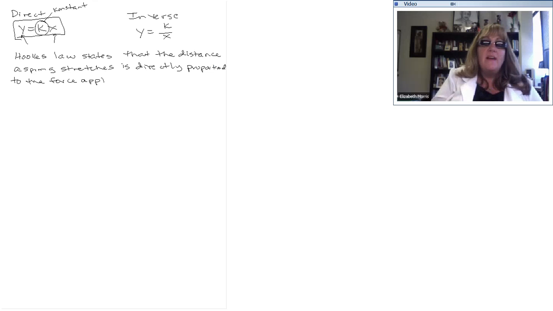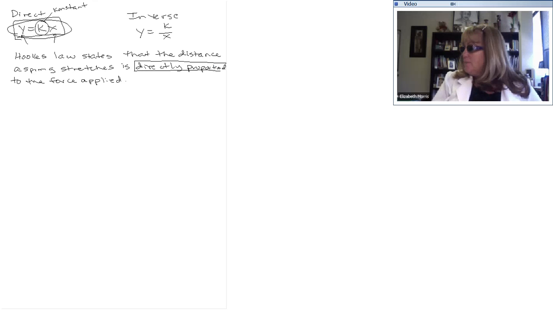Now, that is your key. You see this, directly proportional? We know we're going to be using this model, y equals kx. Now, just let me finish and it'll make sense.